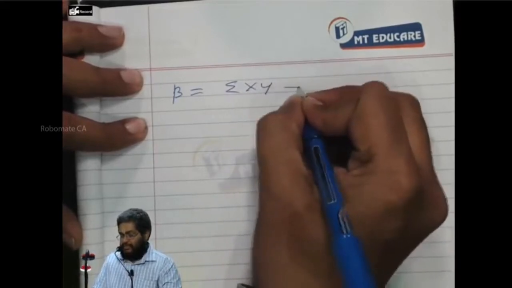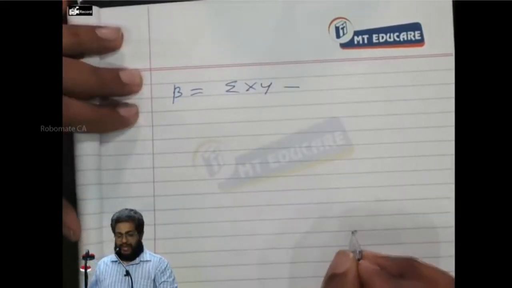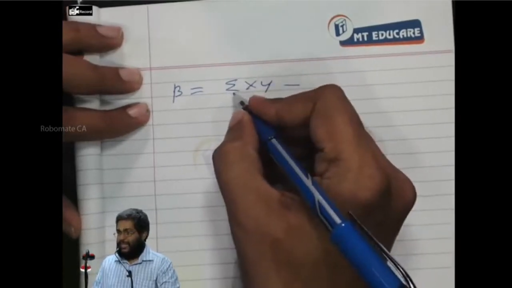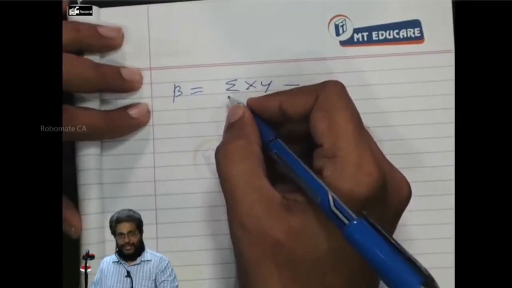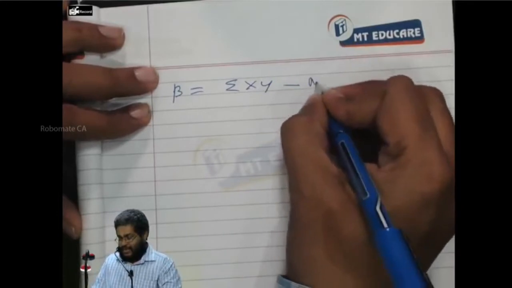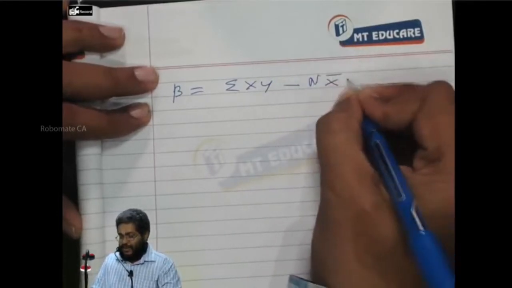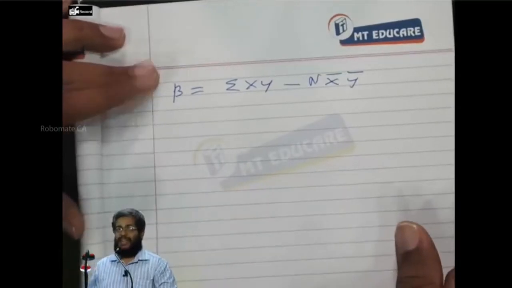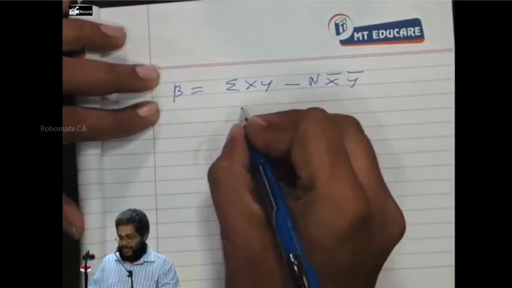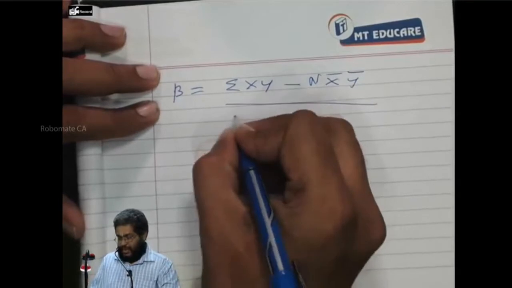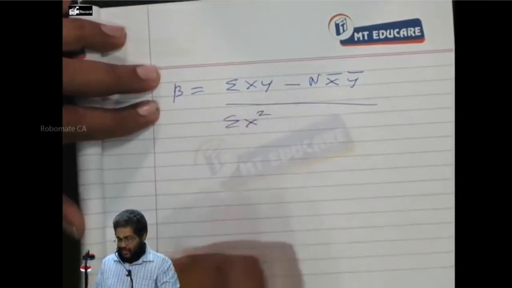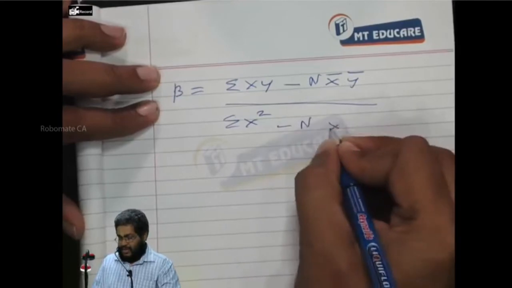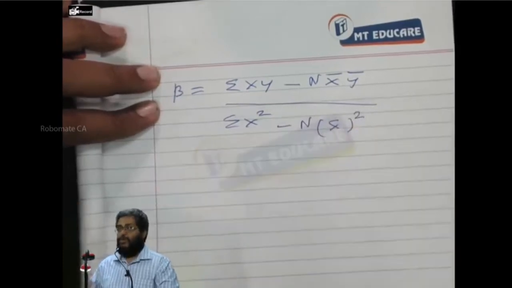Beta is equal to sigma xy minus, sigma here means summation. Sigma xy minus n x bar y bar, divided by sigma x squared minus n x bar the whole square.